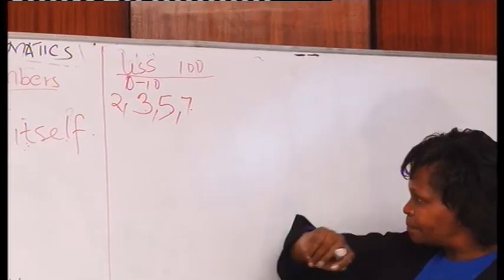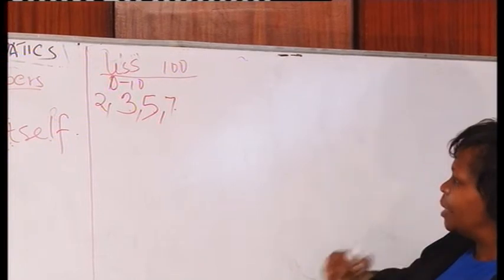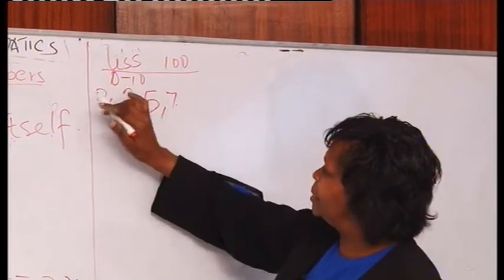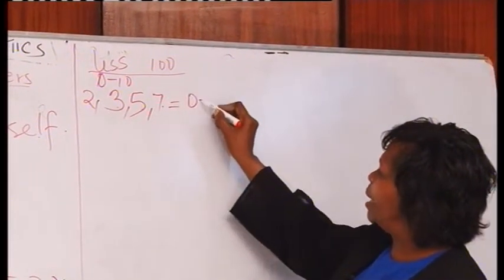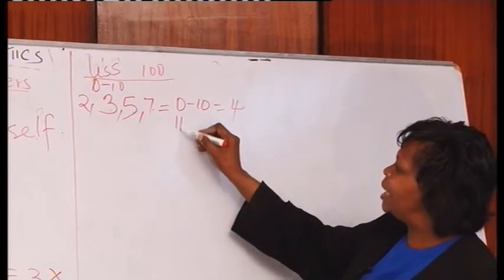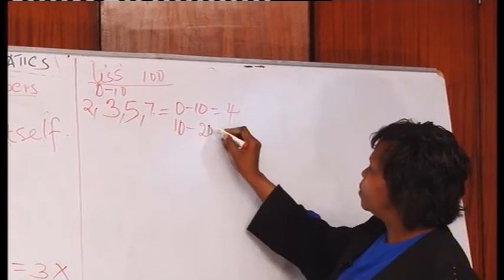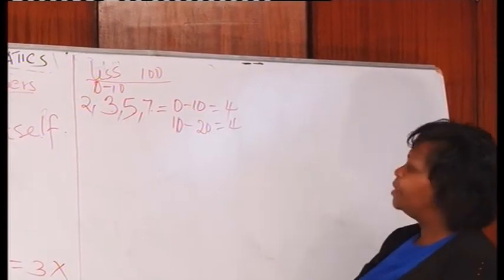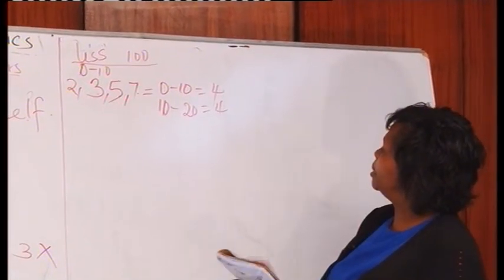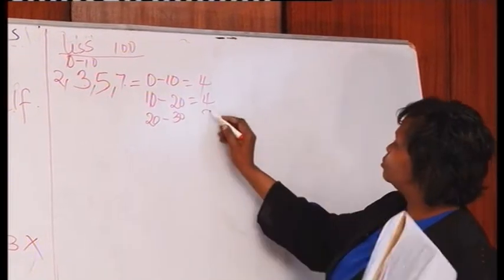Now, if you continue up to 99, you realize that between 0 and 10, we have 4 prime numbers. And then between 10 and 20, we have another 4. Then between 20 and 30, we have 2.